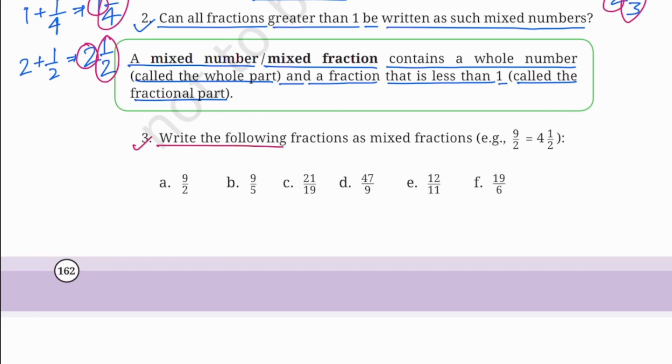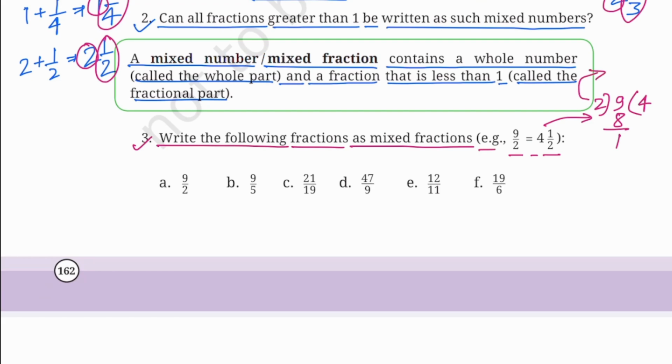3. Write the following fractions as mixed fractions. Example, 9 upon 2 is equal to 4 whole 1 upon 2. There is a trick of doing that. You have to divide 9 by 2. 4 times 2 is 8, remainder is 1.